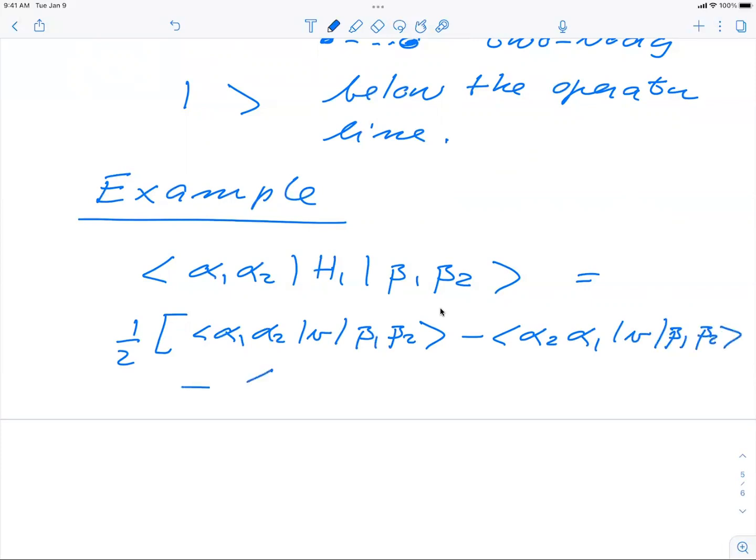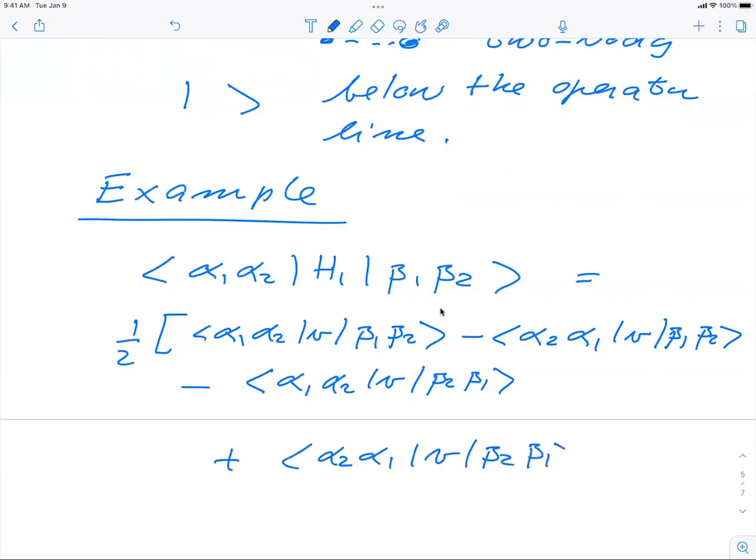We got another minus 1, and we had an alpha 1, alpha 2 of V, and then a beta 2 and beta 1. And then we had the final one, which was an alpha 2, alpha 1 of V, beta 2, beta 1. This is something which we have now calculated many, many times.